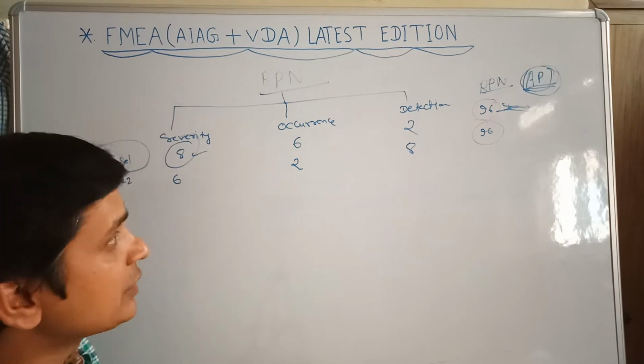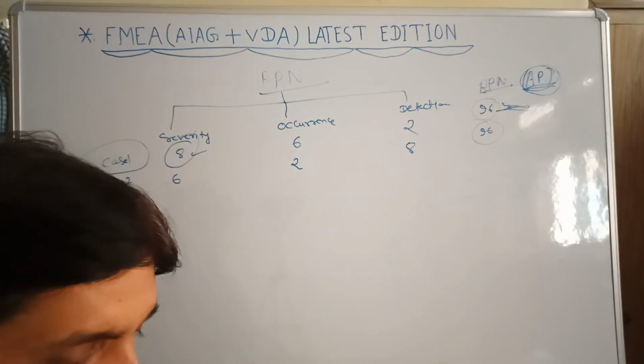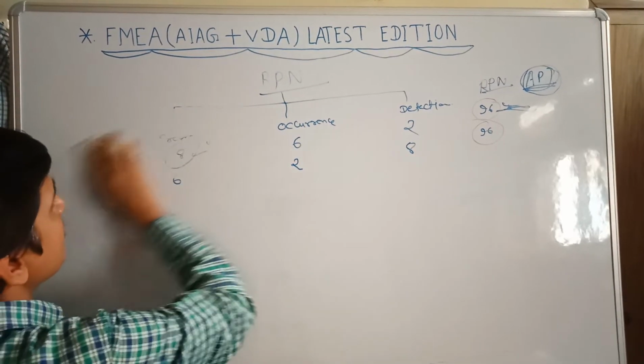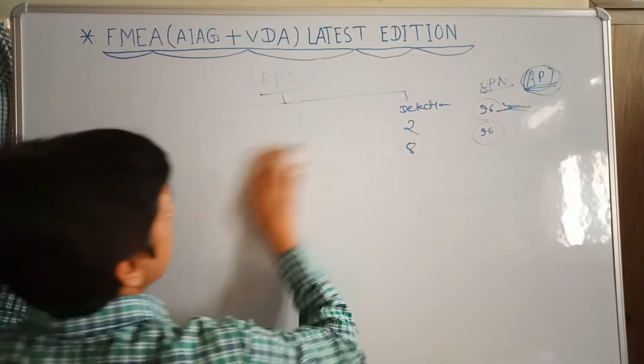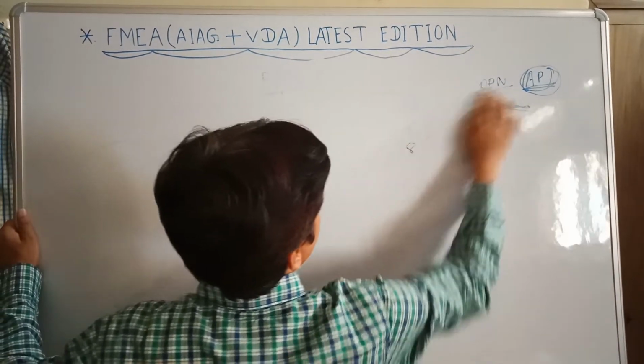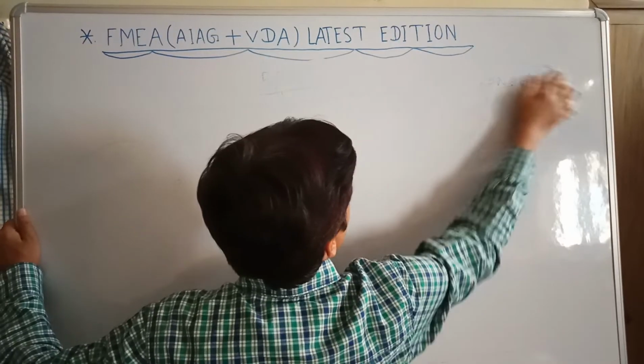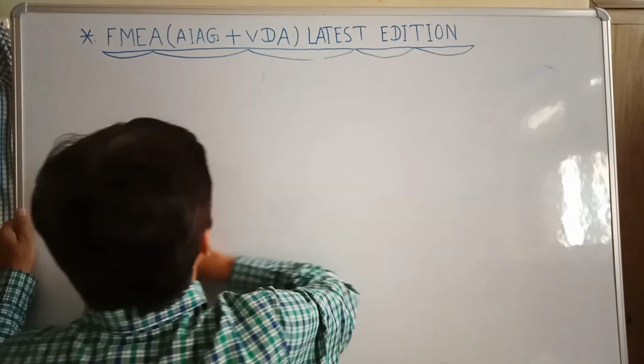Now we have to discuss the FMEA 7 steps. That is very important. Why are 7 steps needed? There is an easy way to remember the 7 steps.